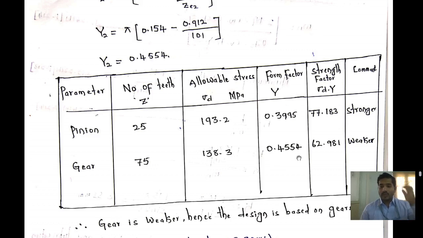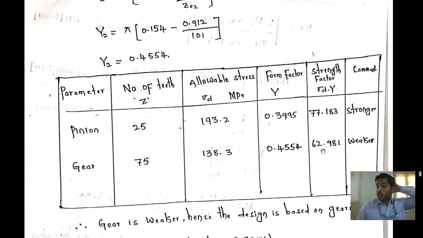Clear? Then for the strength factor, you just multiply the allowable stress by the form factor. 193.2 into 0.3995 gives 77.183. 138.3 into 0.4554 gives the strength factor 62.981.